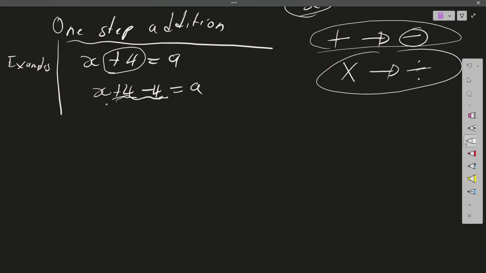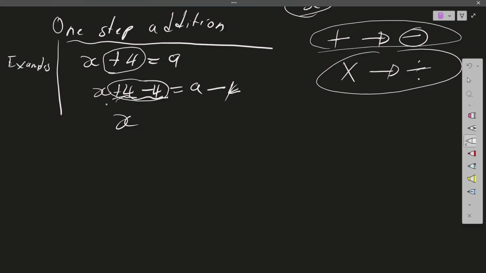And remember, what you do on the left hand side, you must do on the right hand side. Minus 4 as well next to that 9. So it is now x, and the plus 4 and the minus 4 cancel each other out, okay? Now you are left with a 0. You don't write the 0.